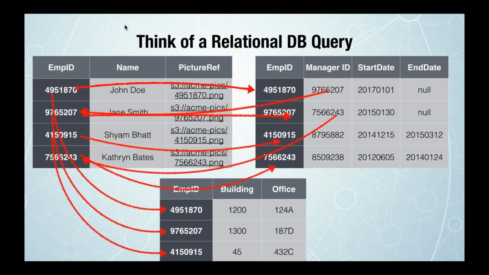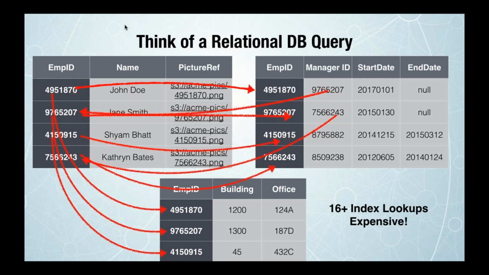And it is great if you're looking up an index one time or two times. But in the case of looking through all of these employees and figuring out what offices they're in, or figuring out what their manager hierarchy is, you're going to end up performing a lot of different index lookups.